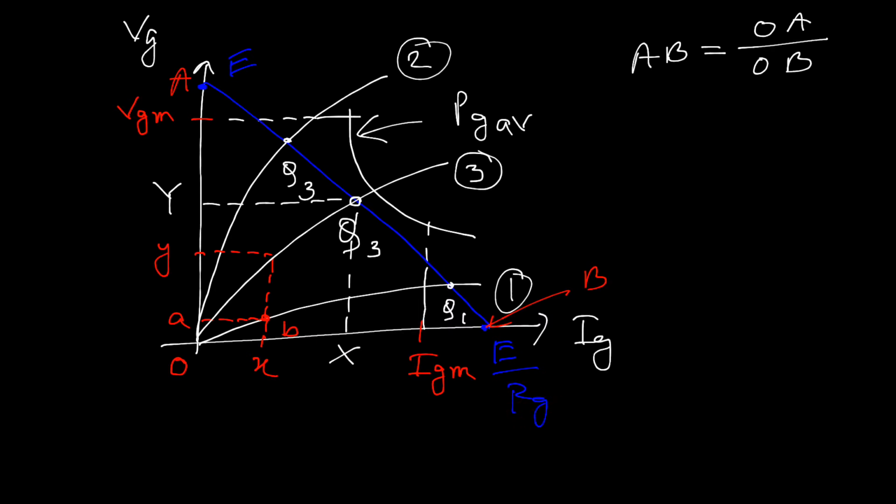Okay, that means this load line is defined by the resistance, and the slope of the load line is defined by OA by OB.